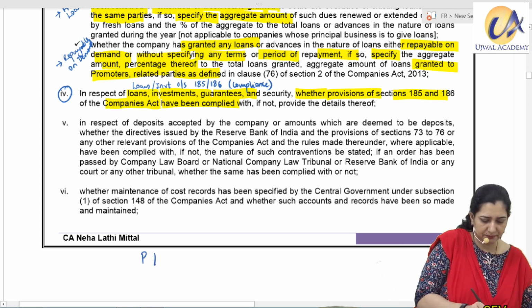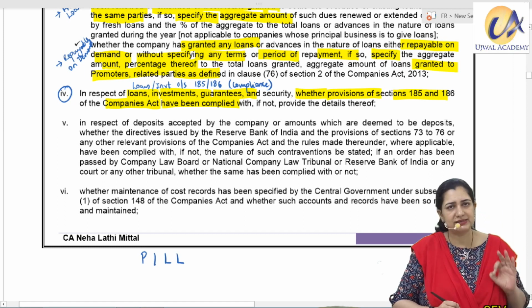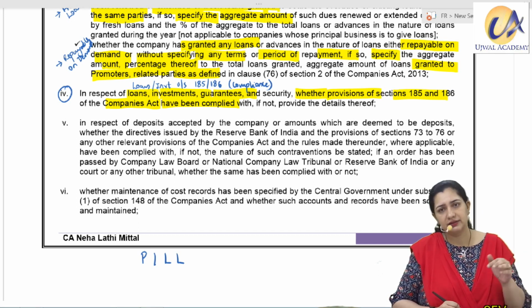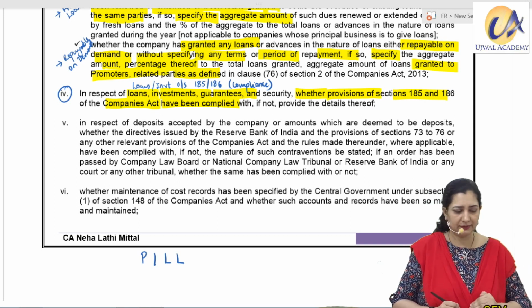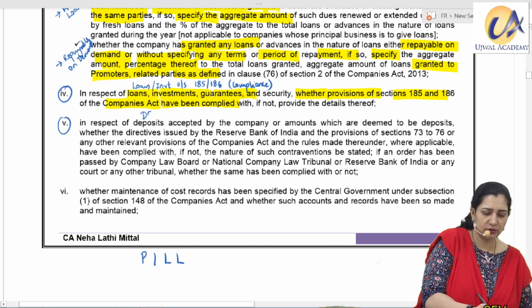We call them PIL. What is PIL? P is the first one, inventory. L was our loans, advances. The 4th one is also loans, but this is under 185, 186 compliance.